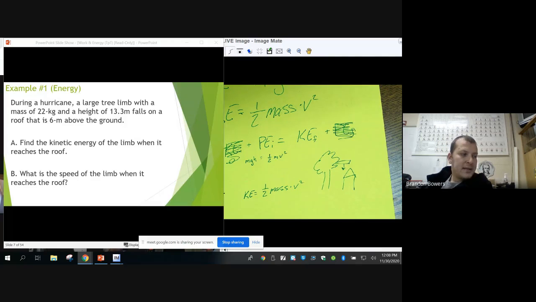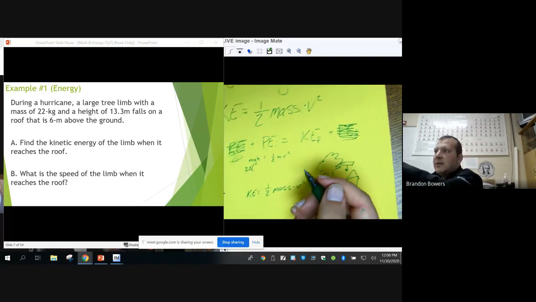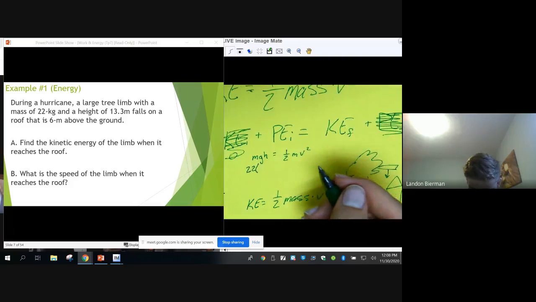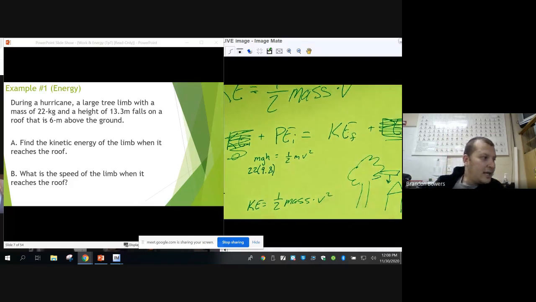Okay. So in this problem, what we have is the mass. Mass was 22. I forget, what's gravity? 9.8. Hey, you guys remember. I was just checking. All right, and then the height. Okay, so the height of how far the tree fell, or the limb fell.